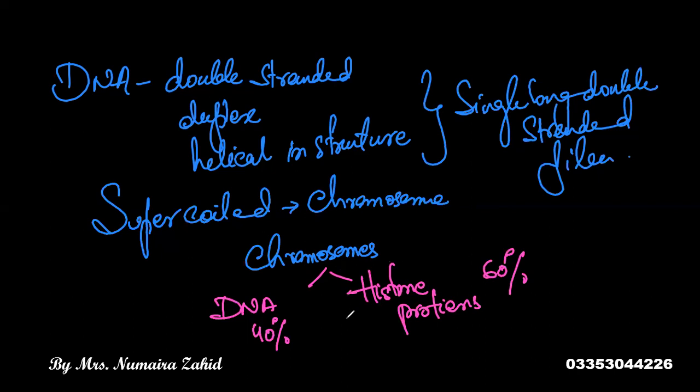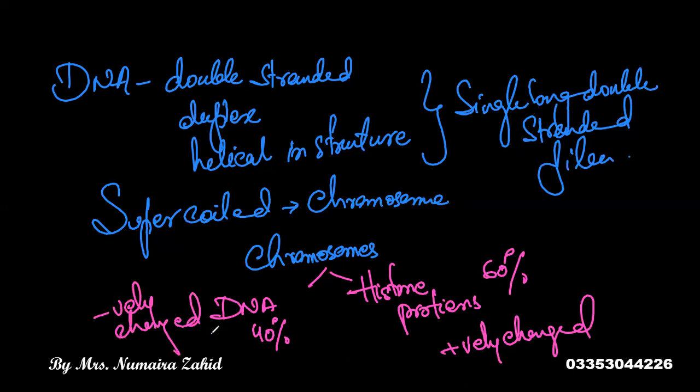It is very important to note that histone is positively charged and DNA is negatively charged. Due to opposite charges, they attract each other, and the beads of histone and DNA are called nucleosomes. When the string of nucleosomes wraps up into highly coiled structures, supercoiling occurs, and the supercoiled chromomeres form chromosomes.